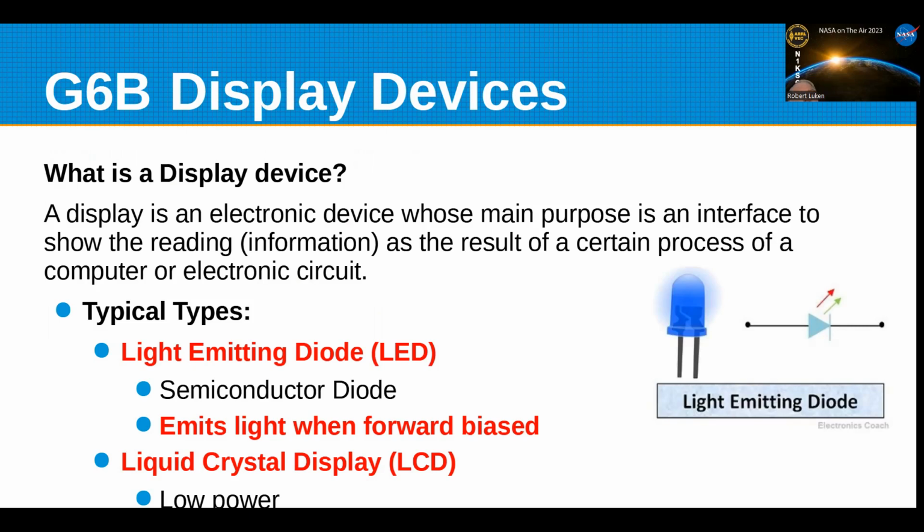So what is a display device? It's an electronic device whose purpose is to display information. It can be an LED that lights up, or it can be a numerical LED readout that shows a number.